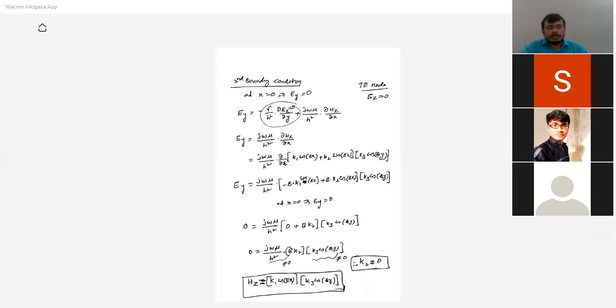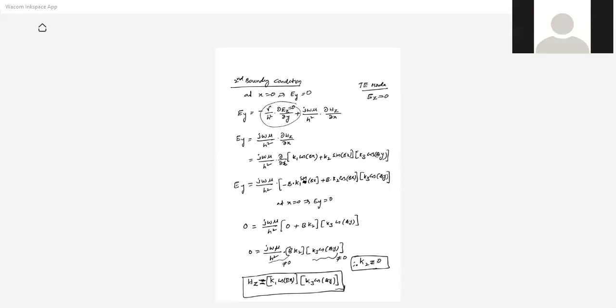At y is equal to b, what is the Ex value? What is the Ex value on the y-axis?